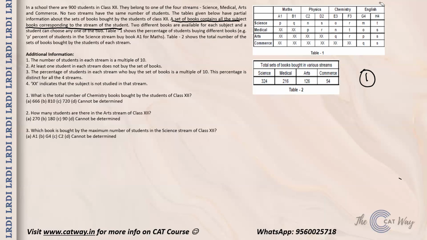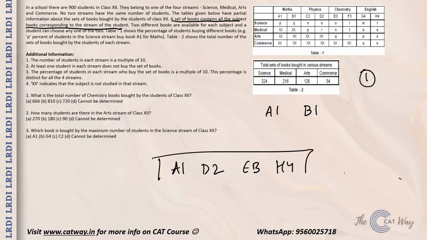In maths, he has two options, A1 and B1. Let's say he chooses A1. Then he goes to physics. He has two options, C2 and D2. Let's say he buys D2. Then he goes to chemistry. He has E3 and F3. Let's say he buys E3. And then he goes to English and he buys H4. So this is one complete set for a student, right?